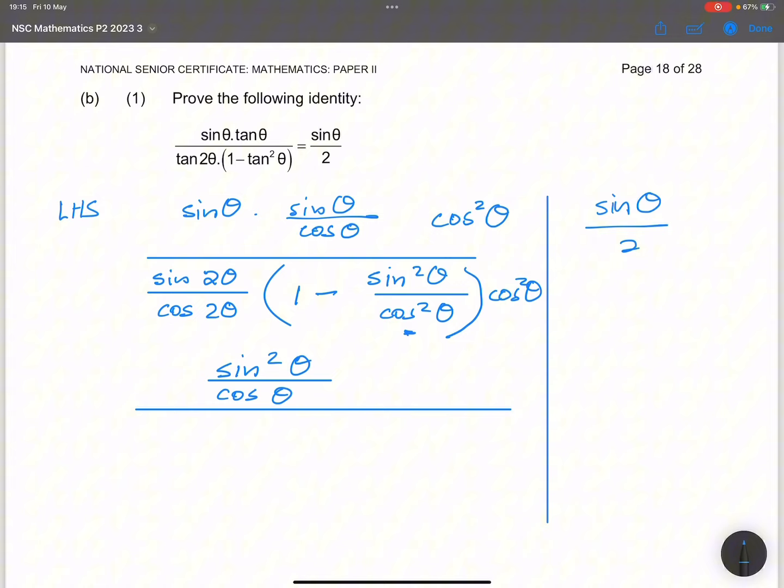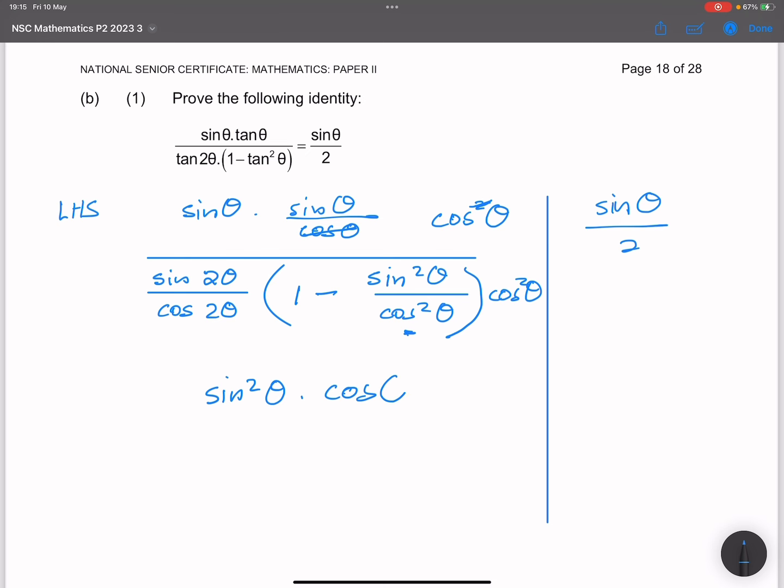What it does is that now this cos cancels out one of the cos's there. So instead of writing that entire thing, I will have sine squared of theta multiplied by cos of theta. Now the cos squared of theta I'm going to multiply into this bracket.